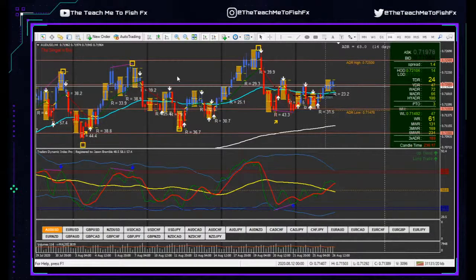These exhaustion squares only tell you when it thinks the market should turn around. And so to help you get into a higher quality trade, a trade that is more probable for your success, I've implemented these other entry rules.